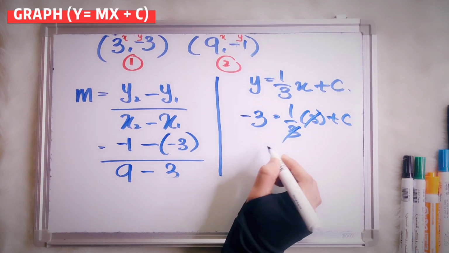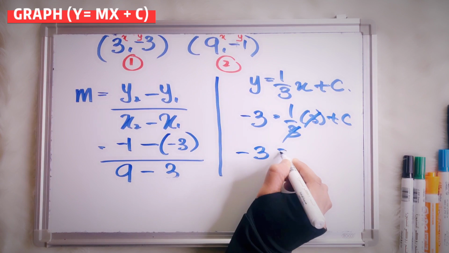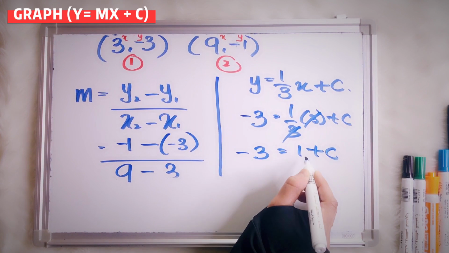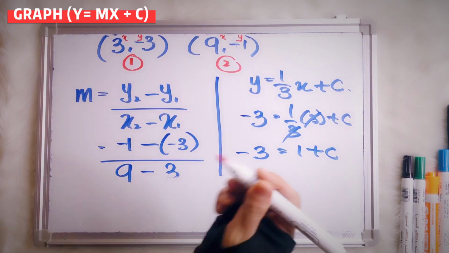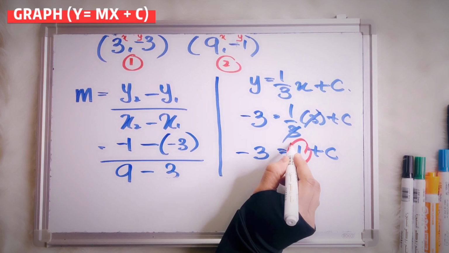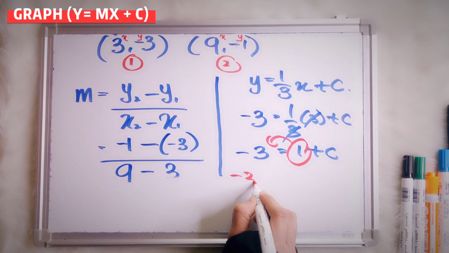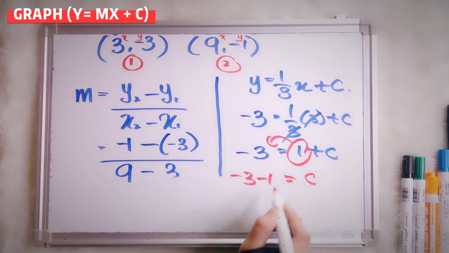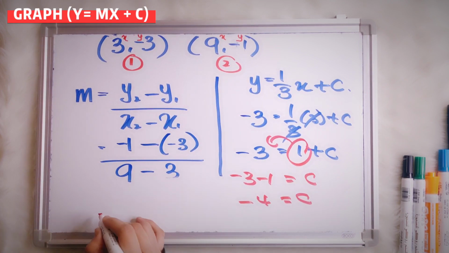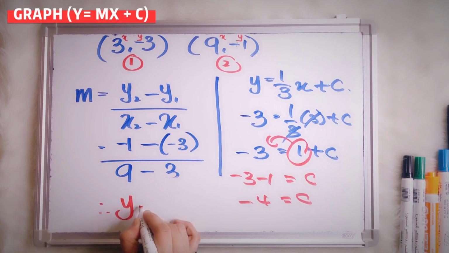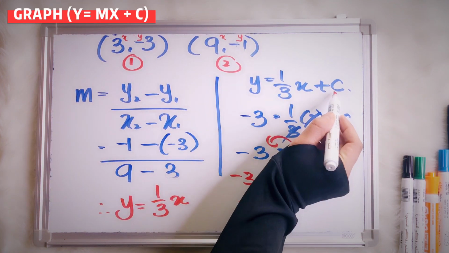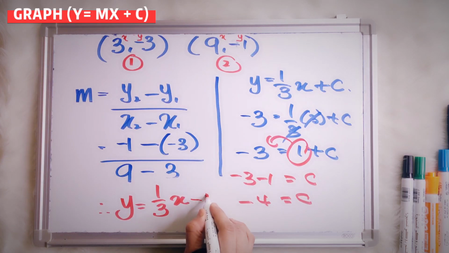So negative 3 equals 1 plus c. Here this is a positive 1, and the opposite of positive will be negative. So c is negative 4. Your equation now is y equals 1 over 3 x minus 4.